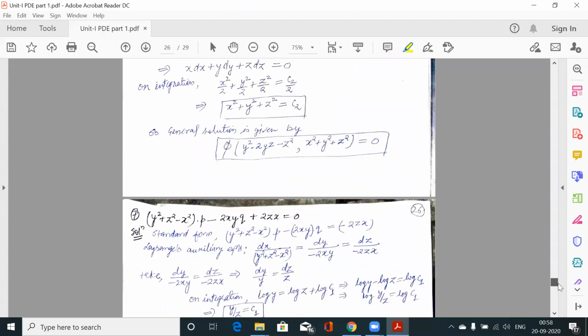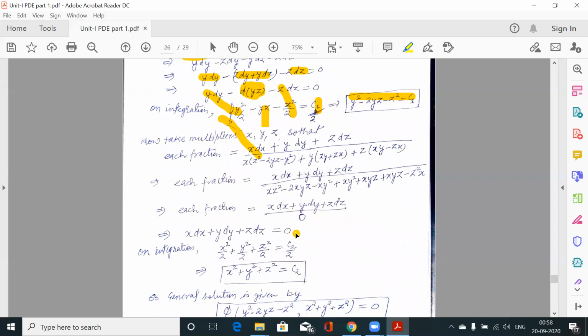Now to get the second solution, there are no possibilities left: direct integration is not possible, and the substitution will not allow us to get the second integration. So we have used multipliers here. In this case we have used multipliers x, y, z. Again, there is no rule of thumb as to which multipliers we have to use. The objective is simple. We have to use those multipliers which make either the denominator 0 or the numerator the exact differentiation of the denominator.